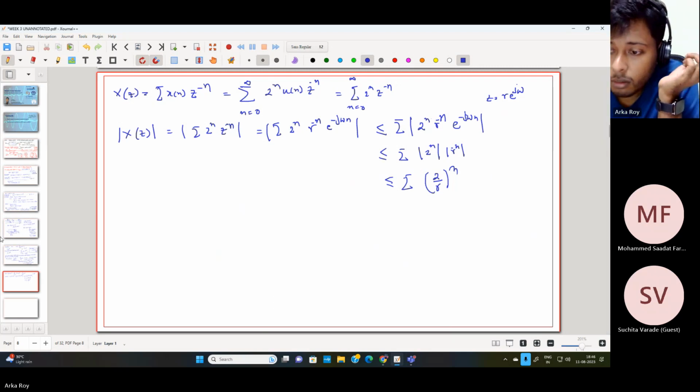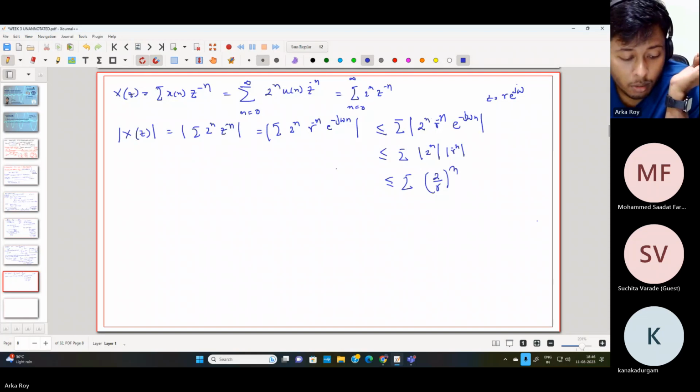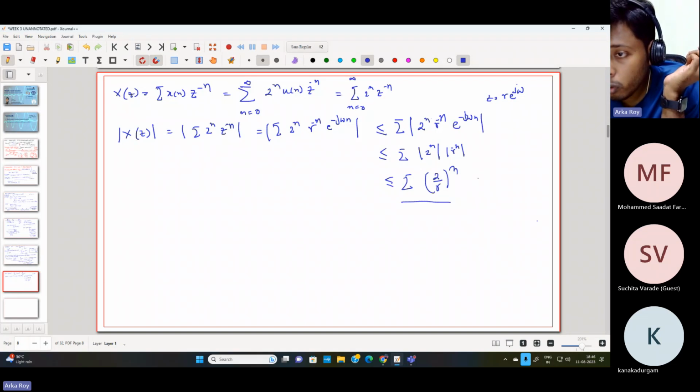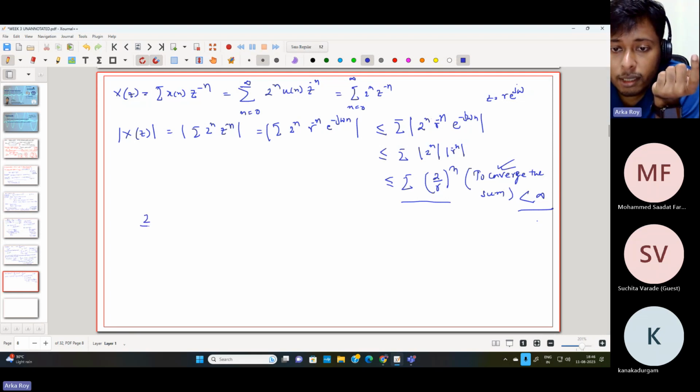Now, I can see that this summation should converge, so it should be less than infinity. Therefore, the Z transform will exist, and we have to converge the sum. So let us consider a particular example. Let us consider r equals 4.